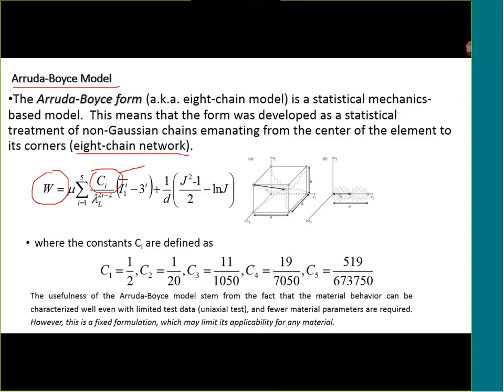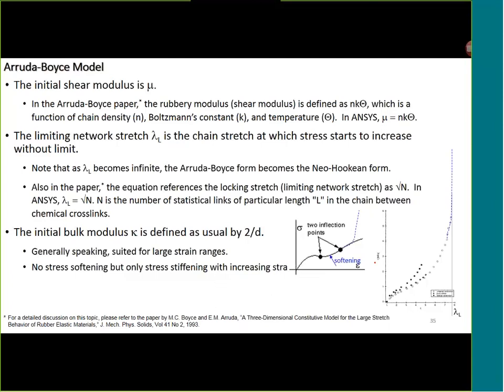Again, this material model is found to be good only when you have limited test data, because we need only a few material parameters, and most of the material parameters are already predefined. Another important feature of this Arruda-Boyce material model is that there are some materials which will show very steep hardening behavior, something like this.